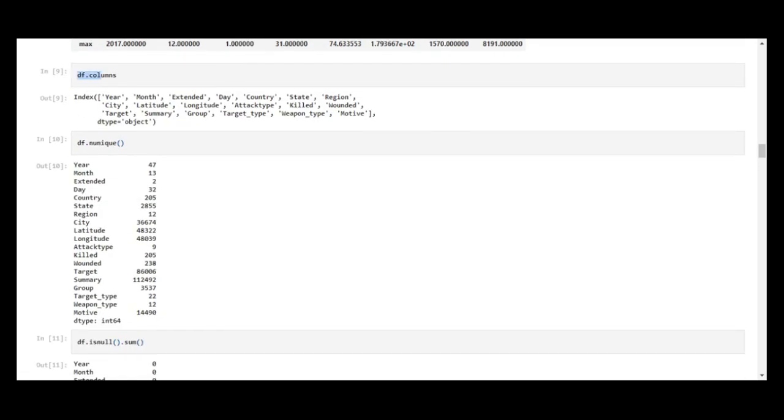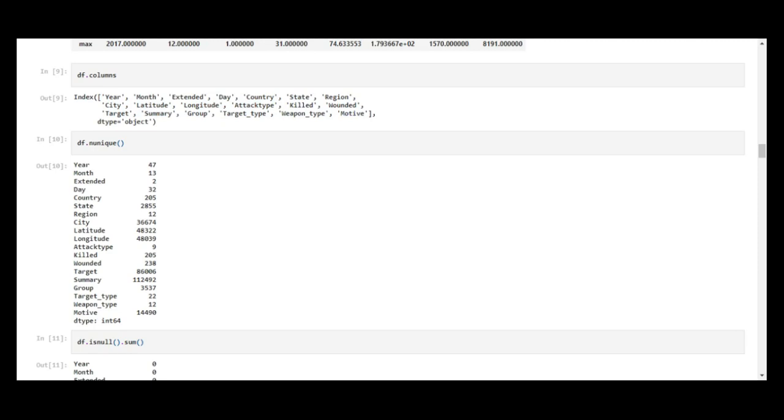Now we will see each and every column one by one. Year, month, extended, day, country, state, region, city, latitude, longitude, attack type, killed, wounded, target, summary, group, target type, weapon type, and motive.